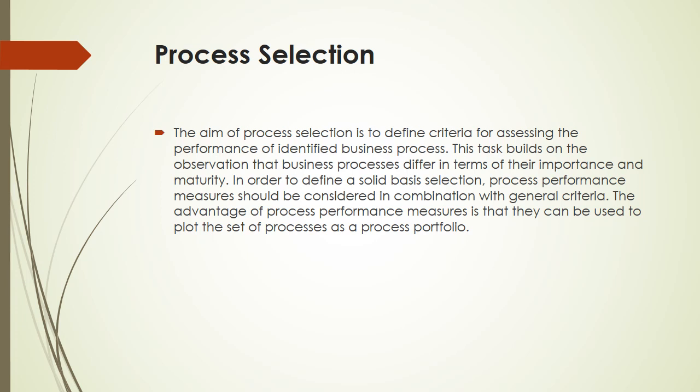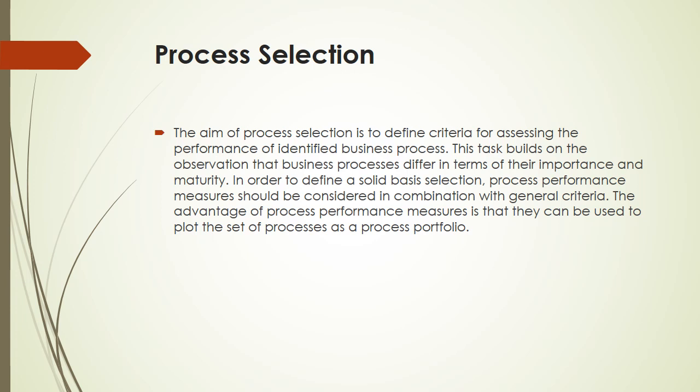The aim of process selection is to define criteria for assessing the performance of identified business processes. This task builds on the observation that business processes differ in terms of their importance and maturity. In order to define a solid base for selection, process performance measures should be considered in combination with general criteria.